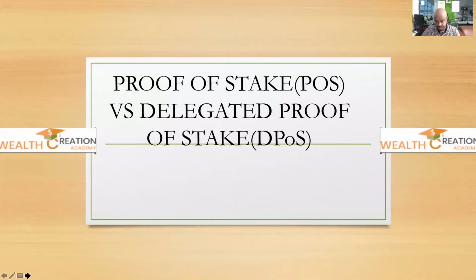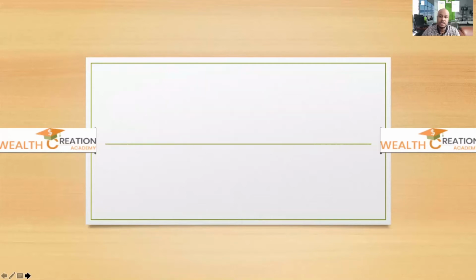Right, let's talk about proof of stake versus delegated proof of stake. We talked a little bit earlier about what proof of stake is, but let's recap to show you the difference.